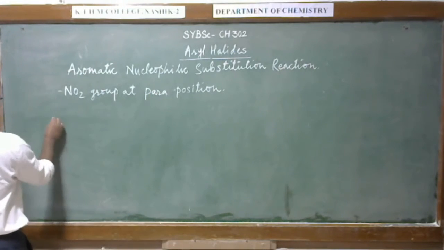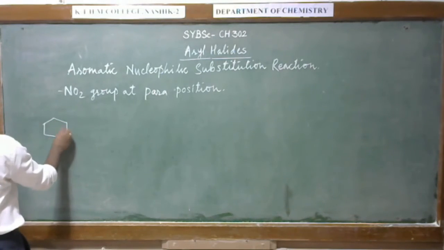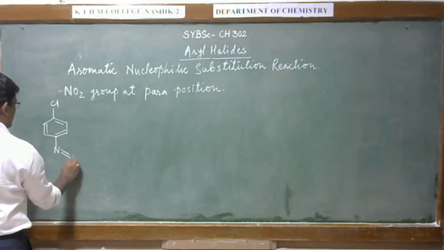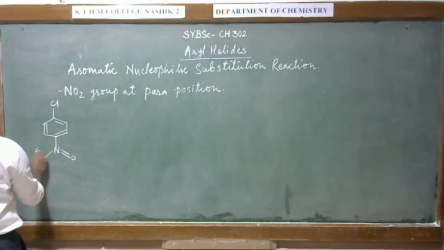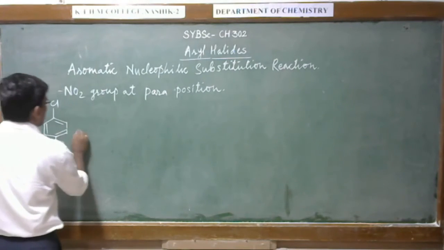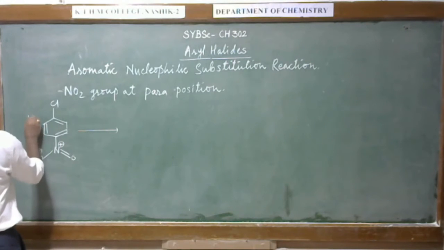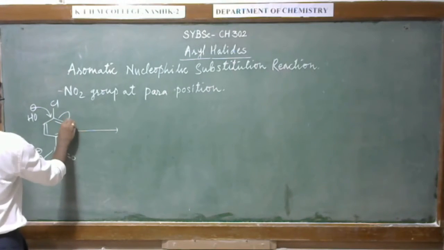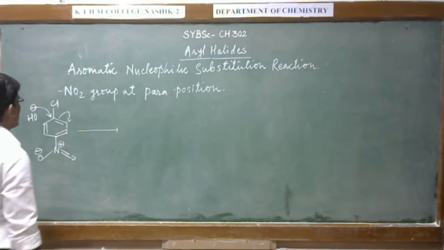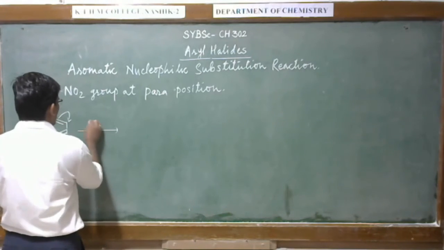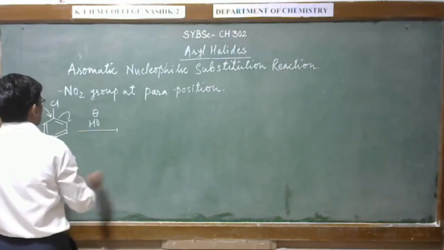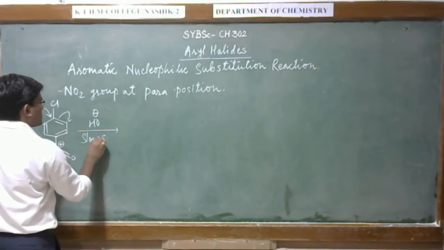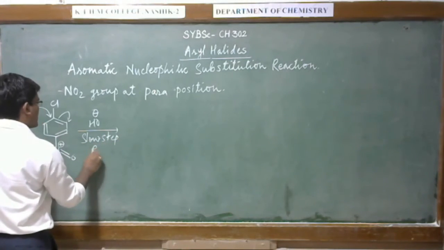para position. Okay. Similarly, this OH ion reacts. This is the slow step, the rate determining step.